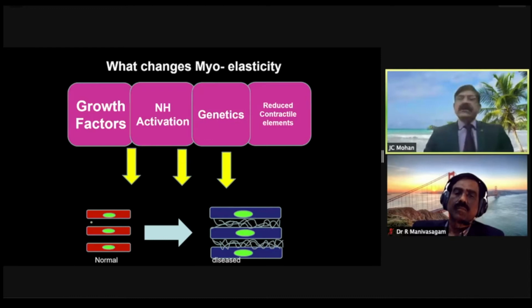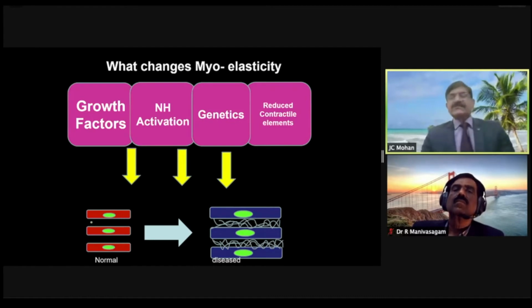What changes myoelasticity I have already discussed with you, and Dr. Mani took you through this fact that change occurs as a result of multiple factors, including neurohumoral activation. Finally, myocytes change in geometry, extracellular matrix comes up, edema, inflammation, capillary rarefaction, fibrosis may come up. And when finally fibrosis takes place, that is quite late.